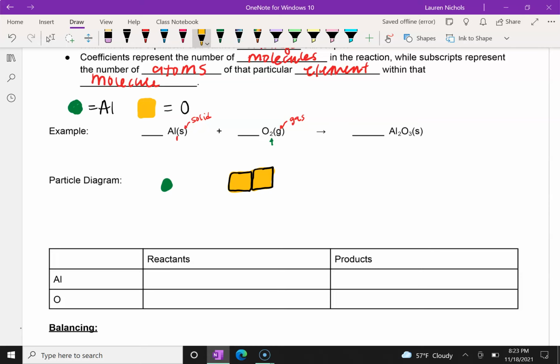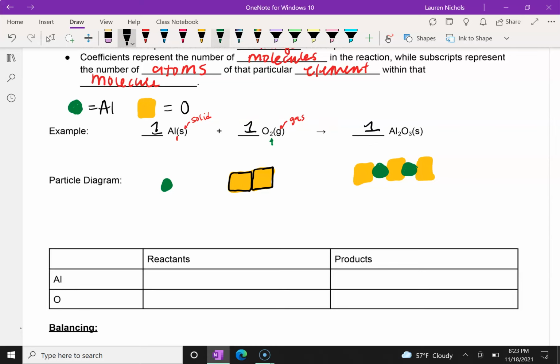And then for aluminum oxide, Al2O3, we're going to have 3 oxygen atoms, and I'm going to put my aluminums in the middle of them. Okay, so we have this molecule. Now currently I have 1 of each: 1 aluminum, 1 oxygen molecule, and 1 aluminum oxide molecule.